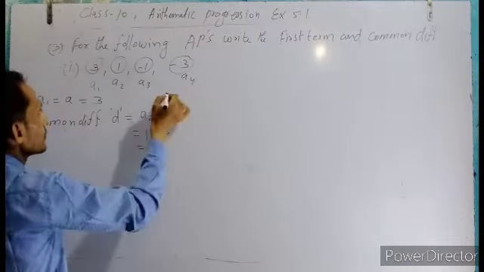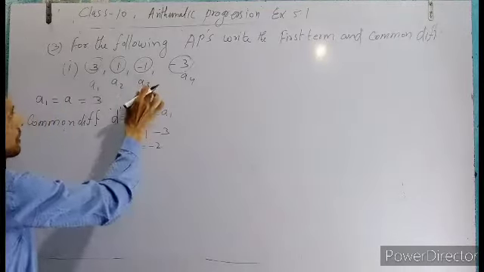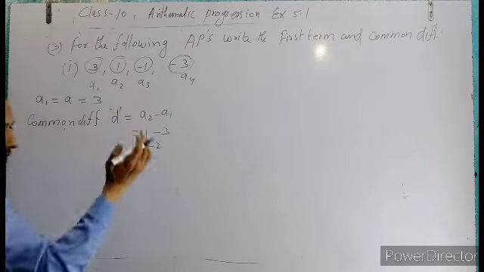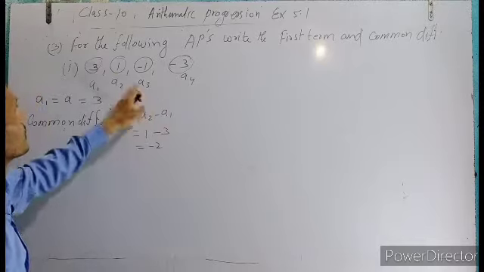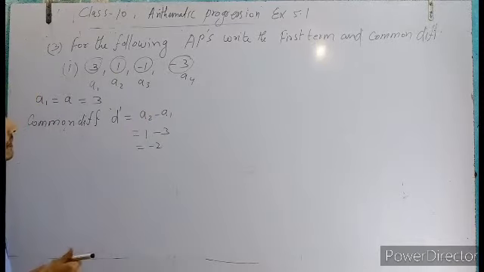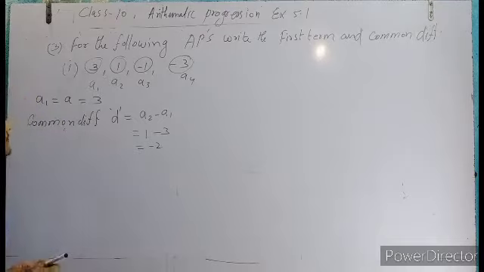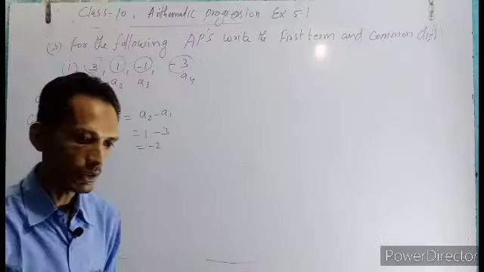Either one student can take a2 minus a1, another student can take a3 minus a2, no? By subtracting the previous term from the next term. Similarly you can find out all these parts.